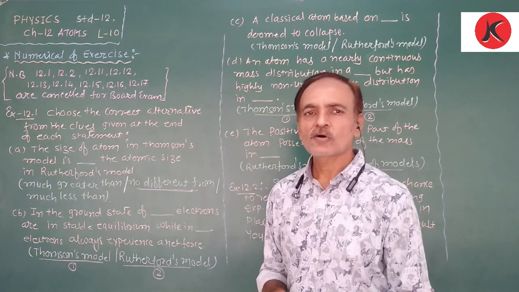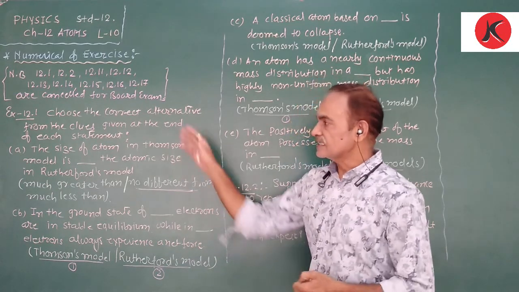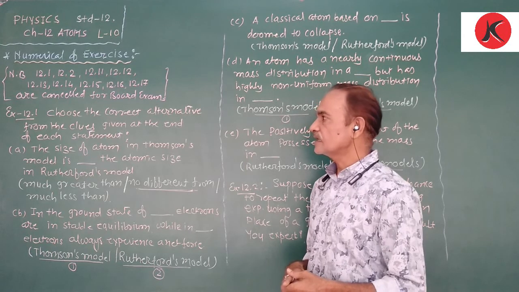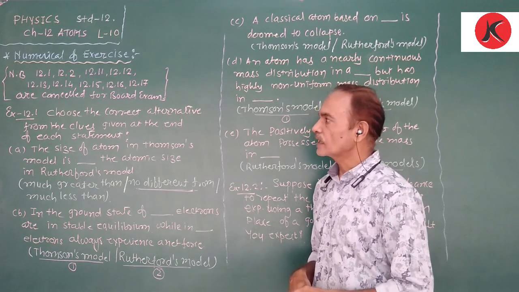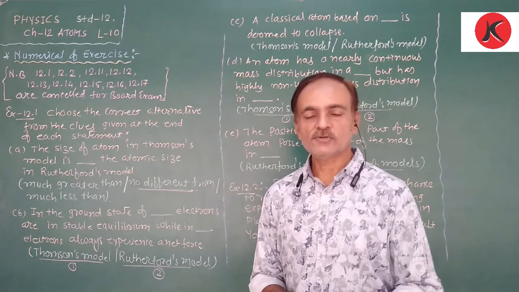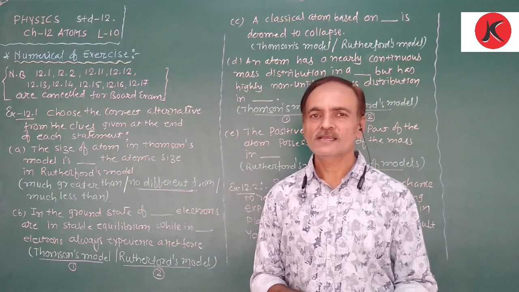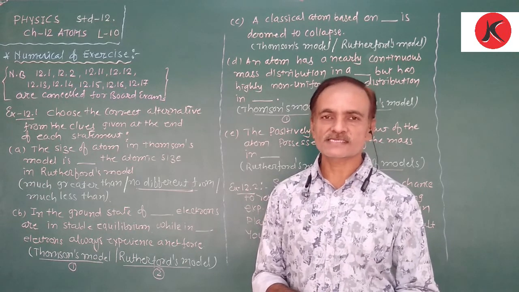That's the MCQ type question. The question is: choose the correct alternative from the clues given at the end of each statement. Actually, here the comparison of the Thomson model and Rutherford's model is given in these 5 questions.